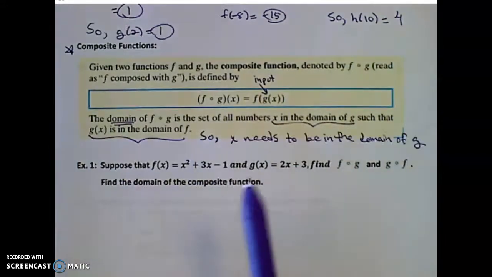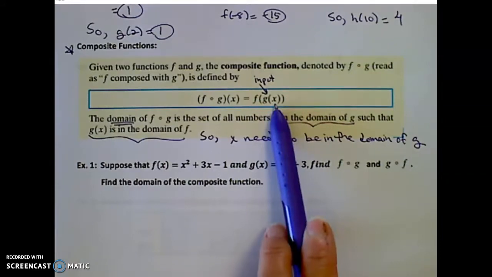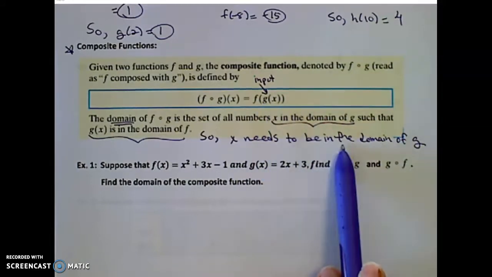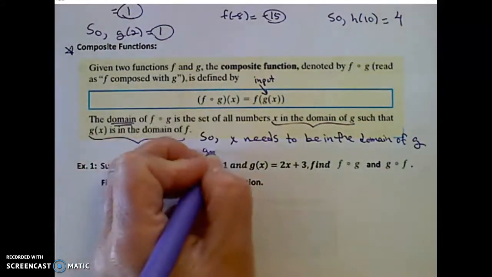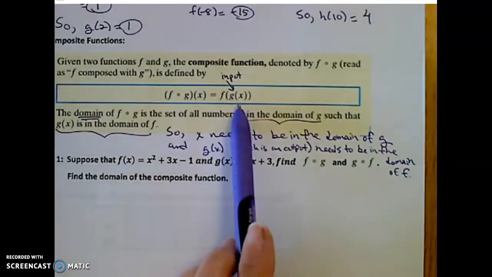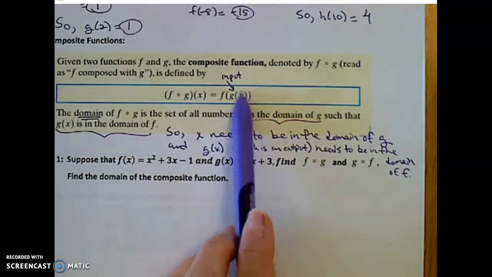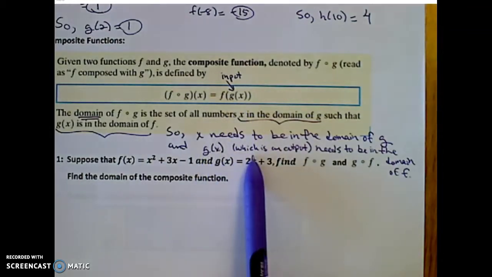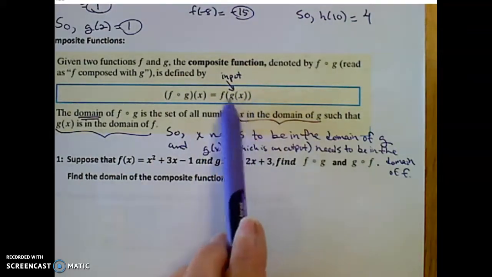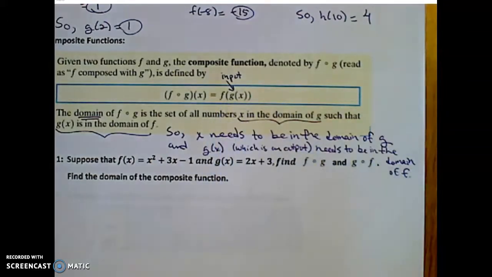So x needs to be a valid input into g, needs to be in the domain of g, and so I input x into g of x, I get that output, and g of x, which is that output, needs to be a valid input into f. That output needs to be in the domain of f.